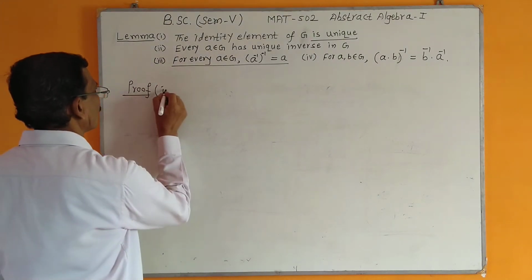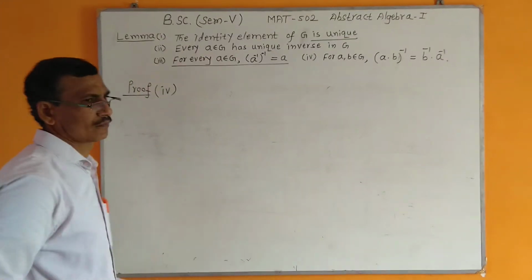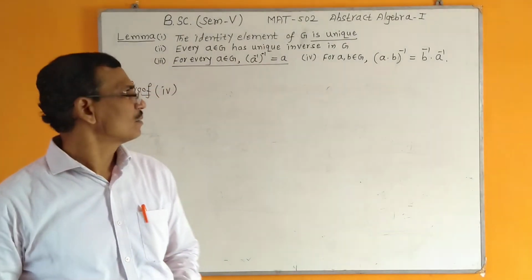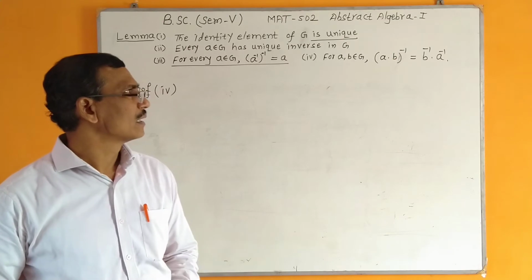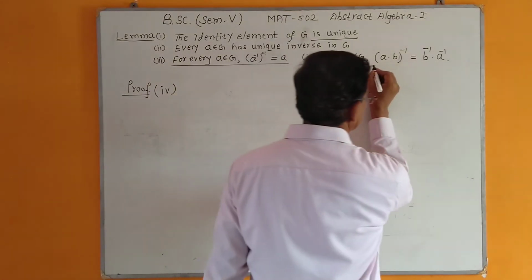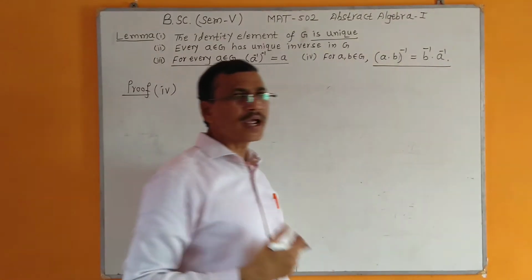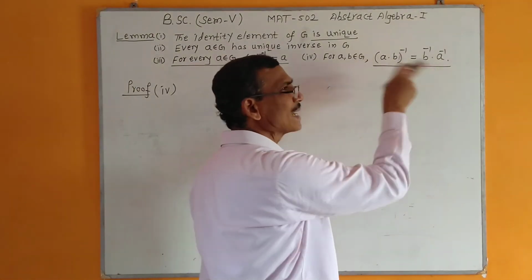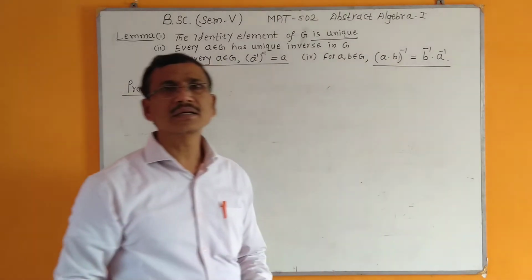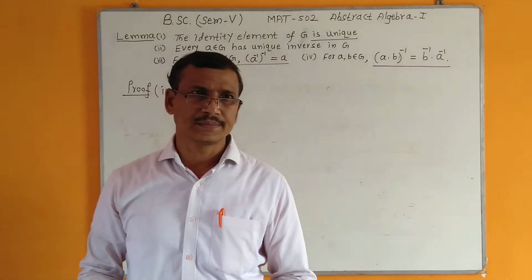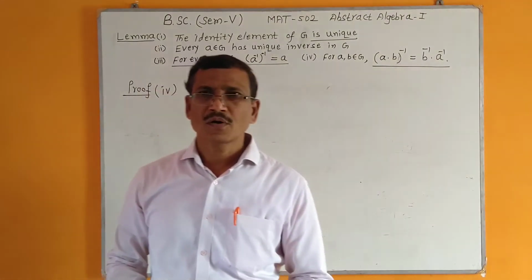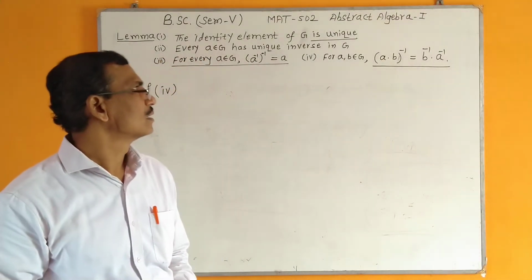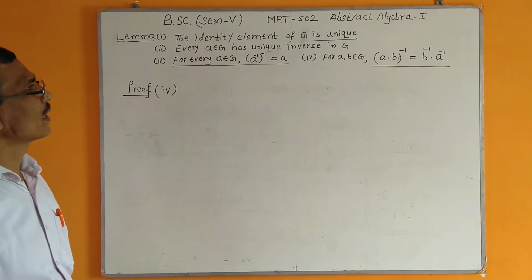Then fourth, here if we consider any two elements A and B belonging to group G, then (A dot B) inverse means inverse of the product of any two elements of the group G is equal to the product of their inverses taken in reverse order. This is a property.